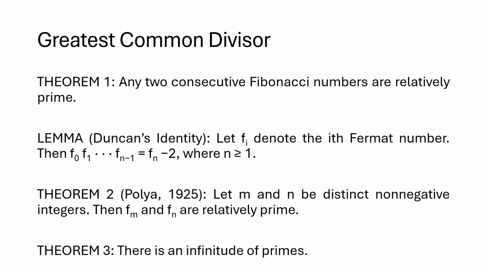Which is also known as Duncan's identity. Let F_i denote the ith Fermat number. Then the product of the consecutive Fermat numbers up to n minus 1 is equal to F_n minus 2, where n is greater than or equal to 1.